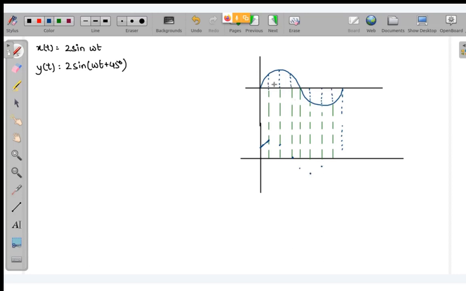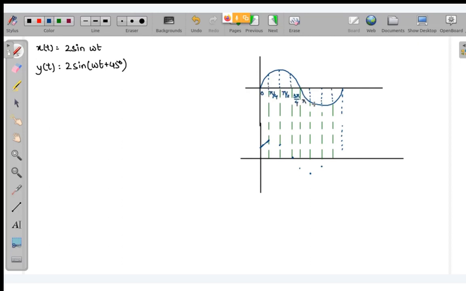Have I made some mistake? So this is 45, 90, 135, this is 180, 225, this is 270, 315, 360. Okay, I think it's okay. I will just keep it like this: 0, pi by 4, pi by 2, this is 3 pi by 4. You guys are going to tell me the value.